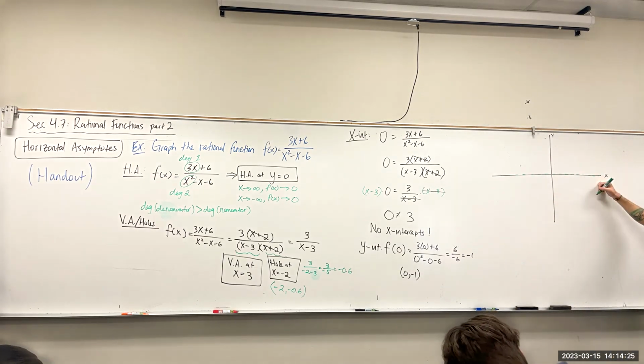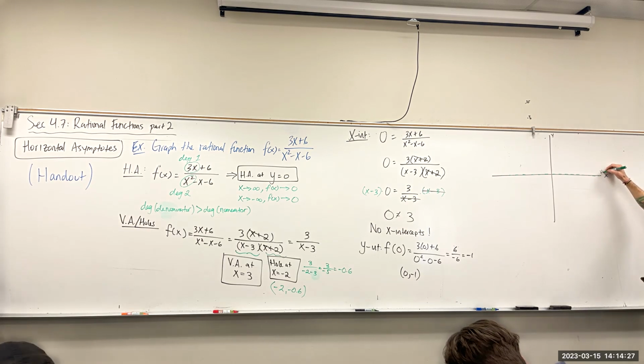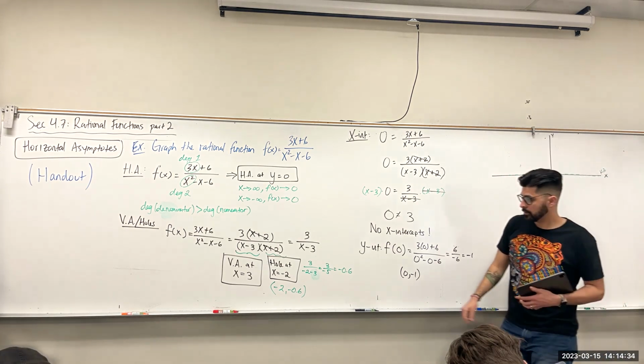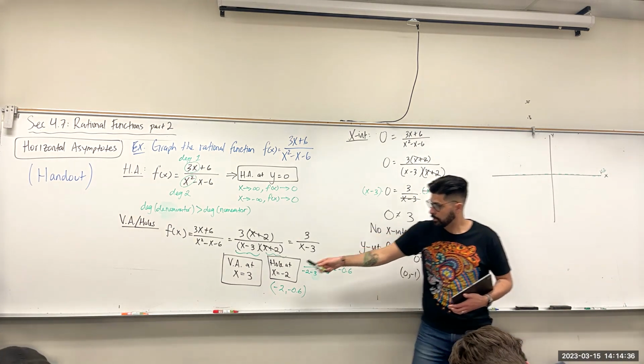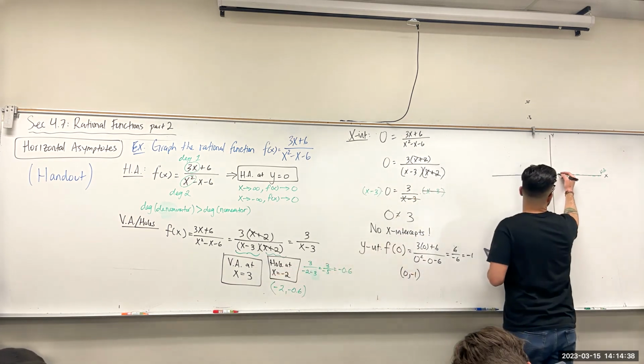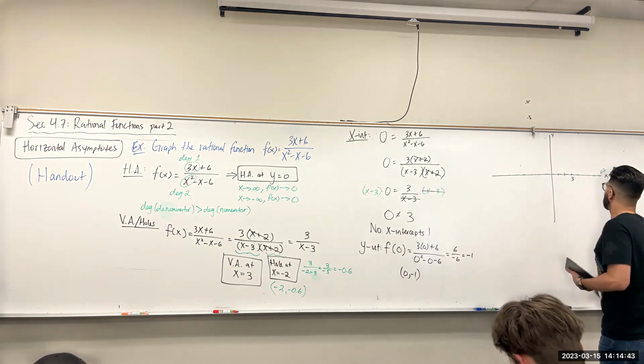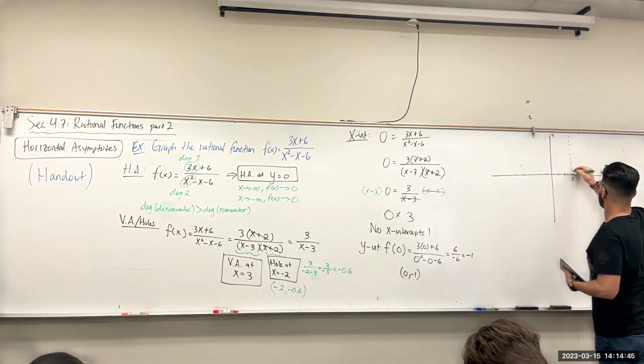So here's my HA, my horizontal asymptote. And then we have a vertical asymptote at 3. So 1, 2, 3. I'm going to draw that: a nice vertical asymptote like this.